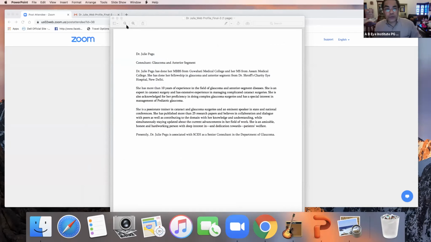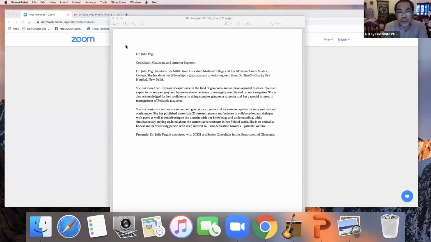Thank you, Dr. Ronnie George, for the beautiful presentation. Now we'll move on to the next paper, which is by Dr. Julie Pegu, who is a consultant of glaucoma and anterior segment at Shroff Charity Eye Hospital. Dr. Julie Pegu has done her MBBS from Guwahati Medical College and her MS from Assam Medical College.